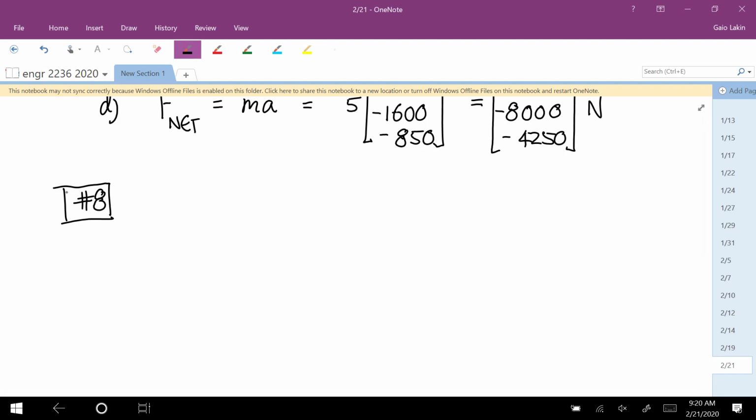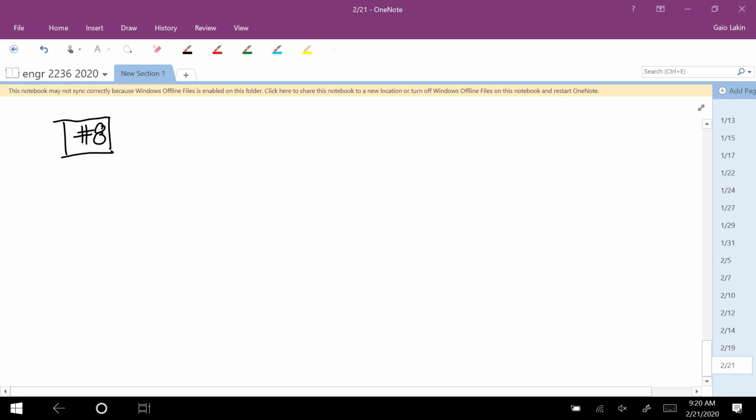Okay, it's up in my office. We can get it after. So it's a 3-kilogram object, and it's on a path.